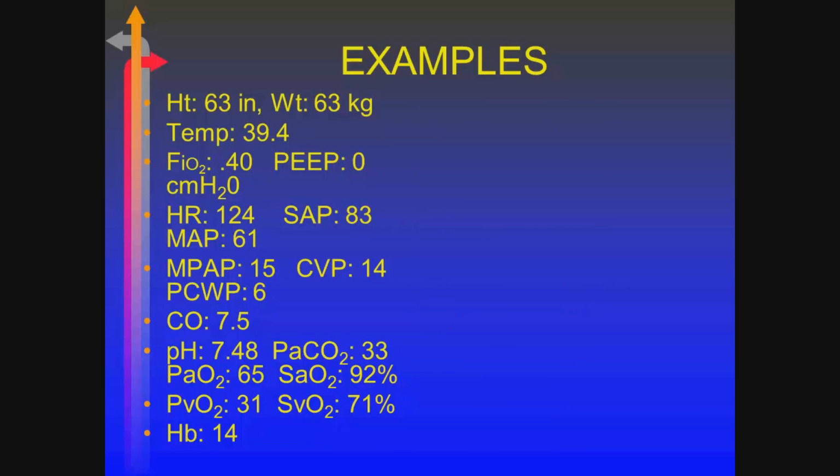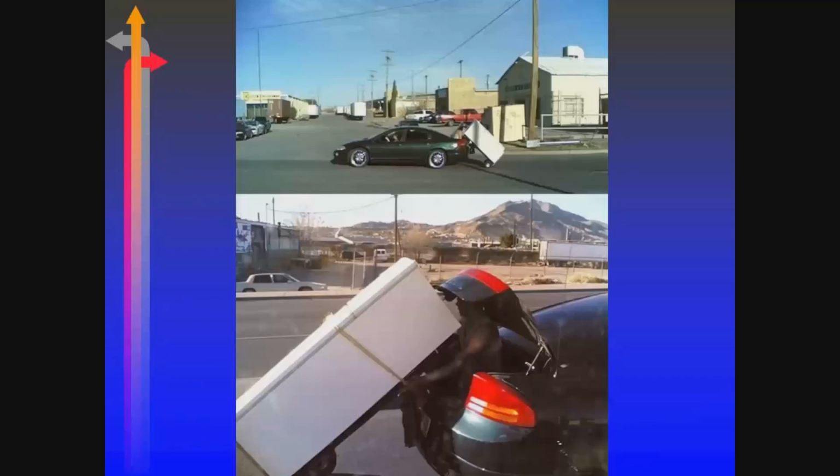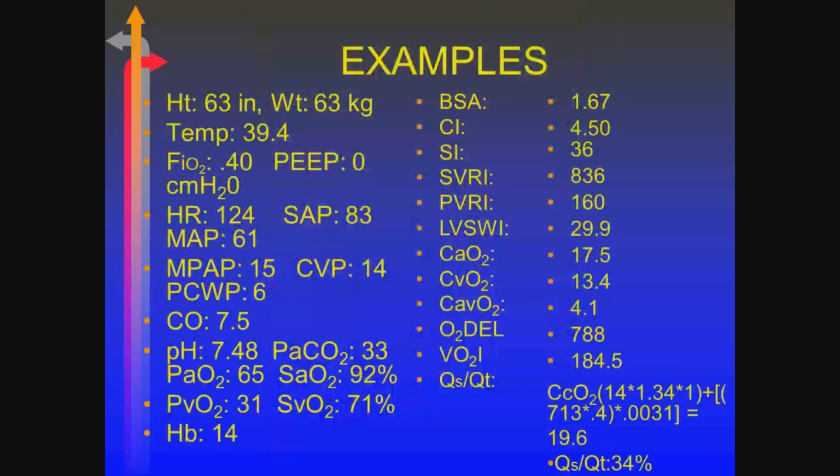How about this one? PVO2 is low. A little doesn't count. It's not something where you say, oh, it's close. No. If it's low, it's low. If it's high, it's high.